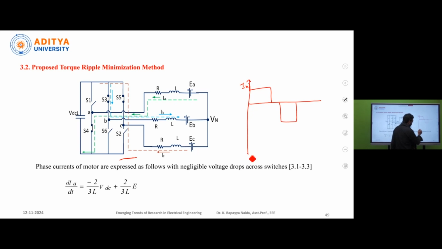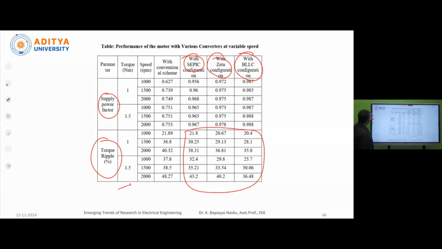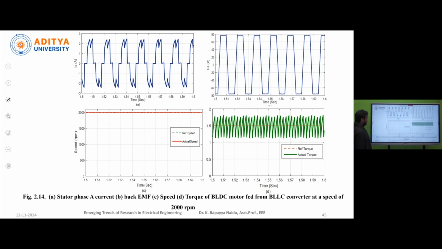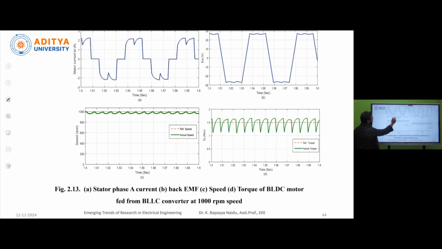Now, let us consider this stator current. When you observe the stator current of phase A, there is some dip. That means there is a change in current, delta I.